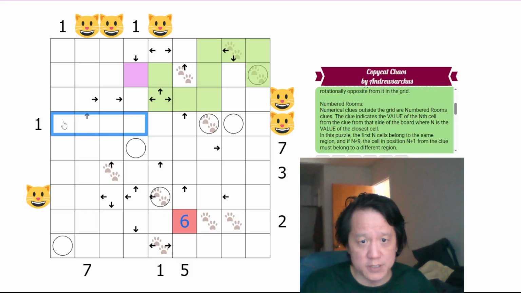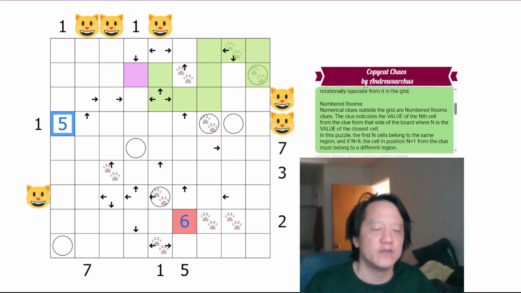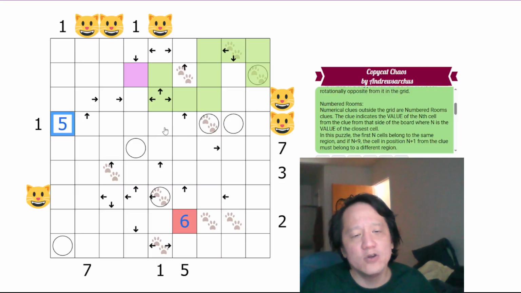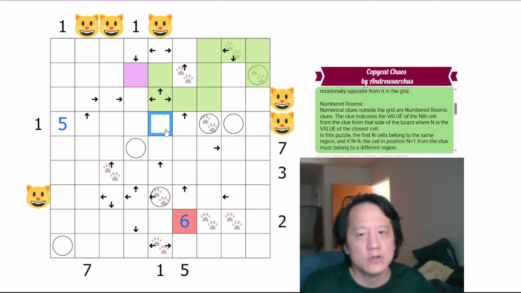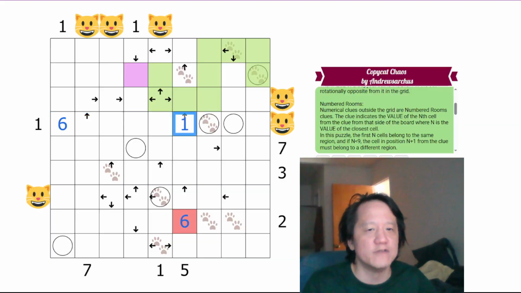So, what's an example of that? Say we had like a 5 here. Then the value of the 5th cell from the clue, from that side of the board, 5 is probably not the best. Let's say 6. Say we had 6 here. The value of the 6th cell in this row, going from this position, must be a 1 in value.